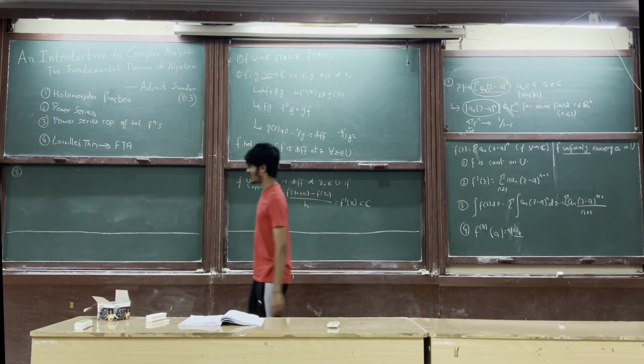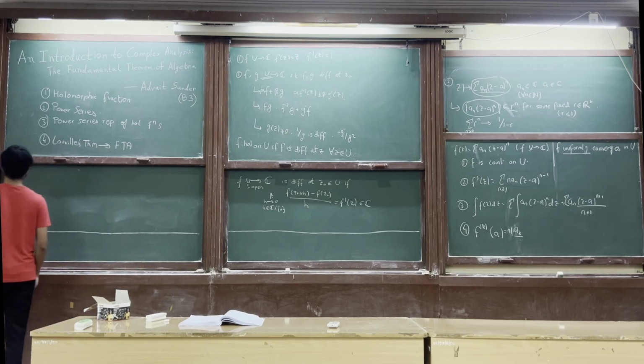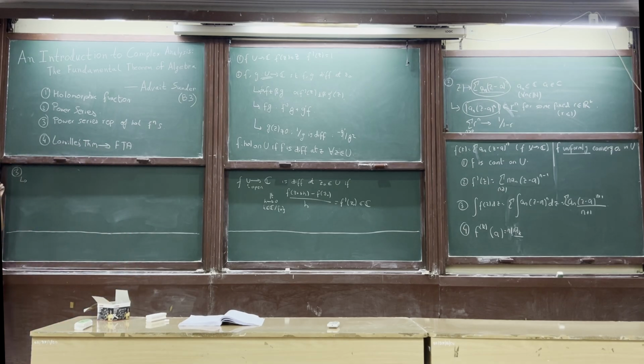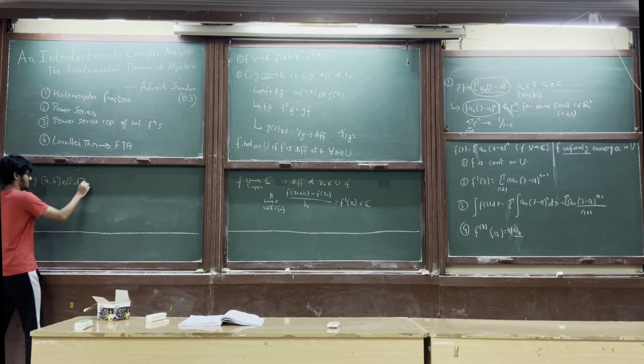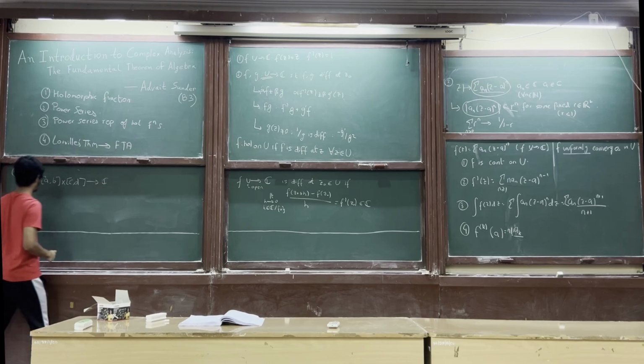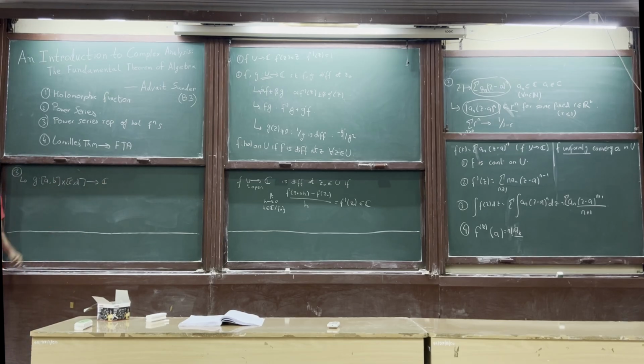Before that, I'd like to state one technical lemma, which is not too hard to see. Again, proving this would digress unnecessarily, so we shall just state this. Suppose you have some function of two real variables, g(s, t).